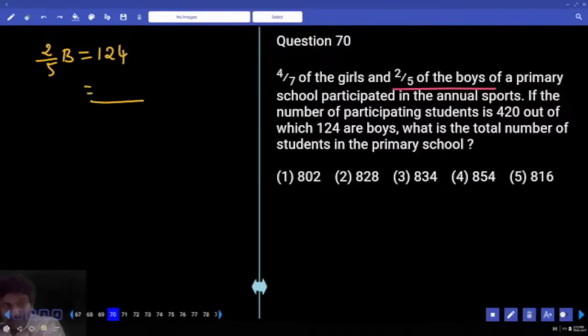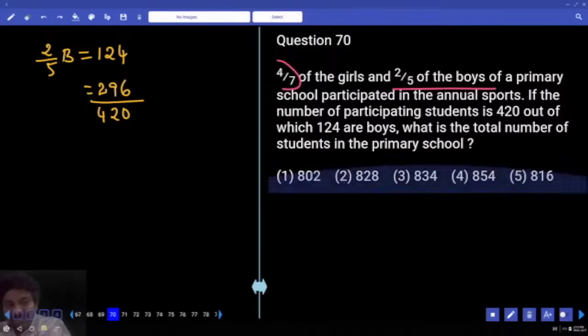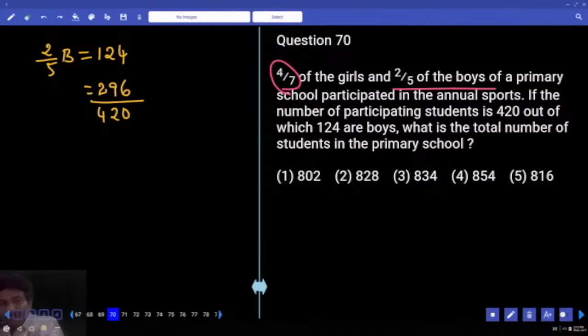Out of total 420, then remaining 296 are girls only. What fractional part of girls participated? That means 4/7 of girls equal to 296.